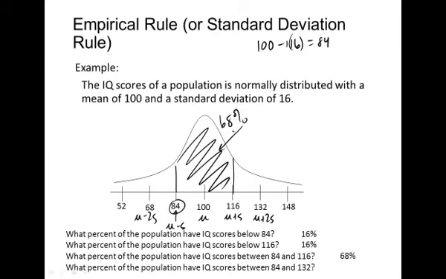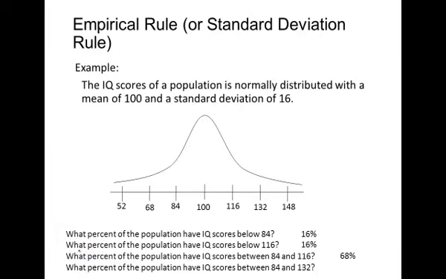What percent of the population have IQ scores between 84 and 132? We'll just tack on another one of those. So let's erase a little bit to clean up. So I know this is 68%, and I know that if I add on both of these, I get a total of 95. So if I subtract 68 from 95, what do I get? 27?